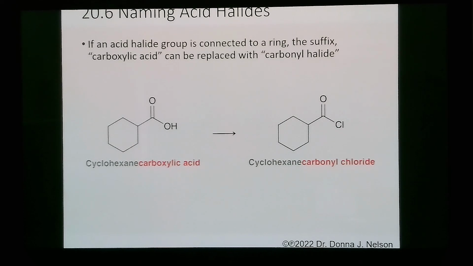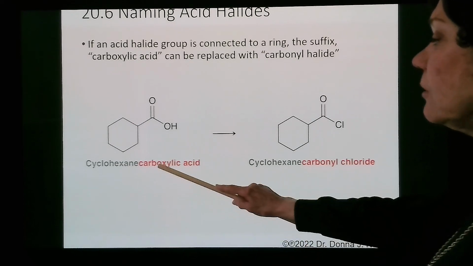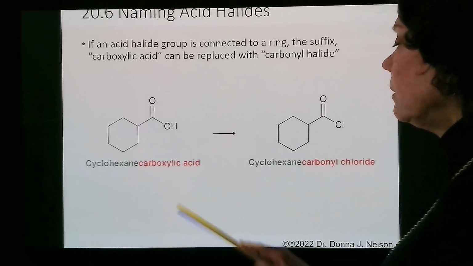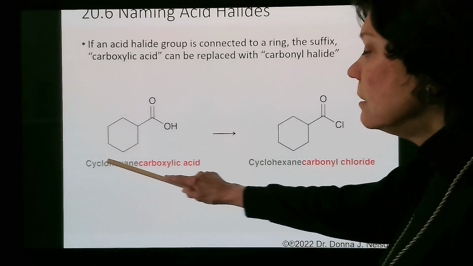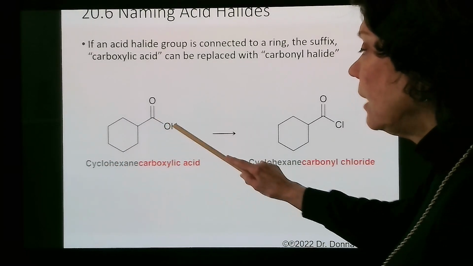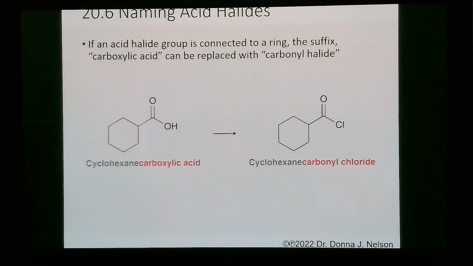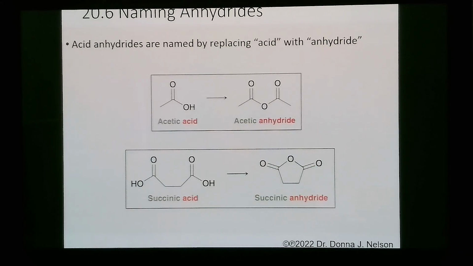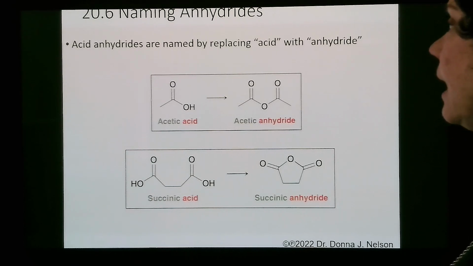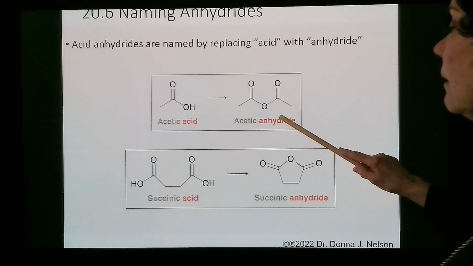If an acid halide group is connected to a ring, the suffix carboxylic acid is replaced with carbonyl halide. So cyclohexane carboxylic acid, cyclohexane carbonyl chloride. That's a nice example. Acid anhydrides are named by replacing acid with anhydride.